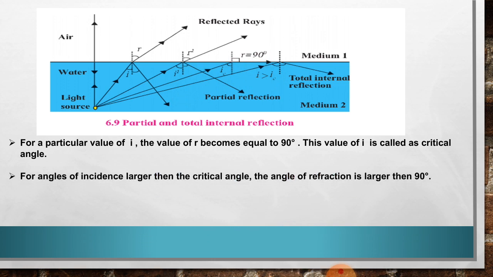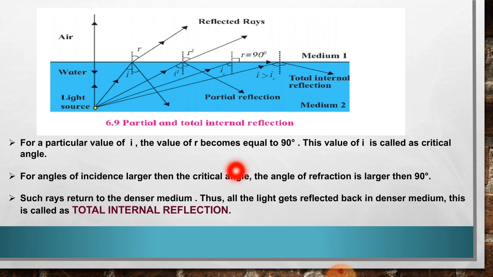So for an angle of incidence larger than the critical angle, the angle of reflection is larger than 90 degrees. So you have to remember that the angle of incidence when R is 90 degrees is called the critical angle. Okay? Yes. So here in the last ray, you can see such rays return to the denser medium.